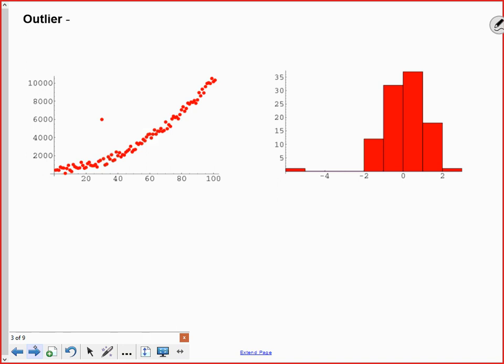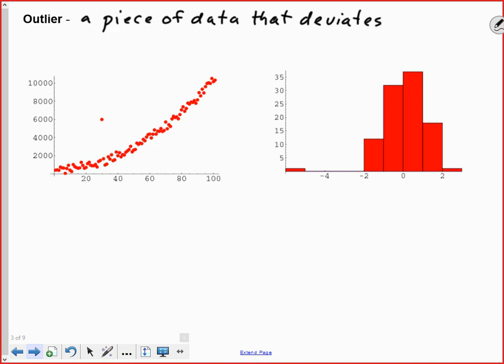So an outlier is just a piece of data that deviates or differs from the rest of the data, or the trend in the rest of the data.